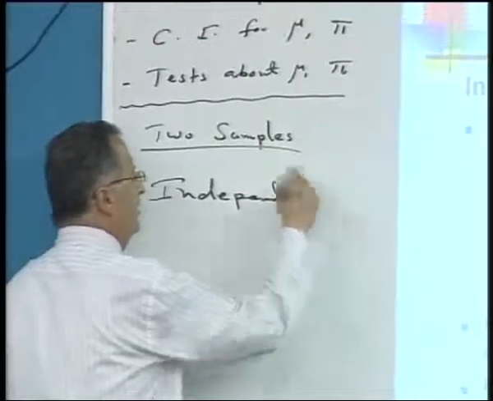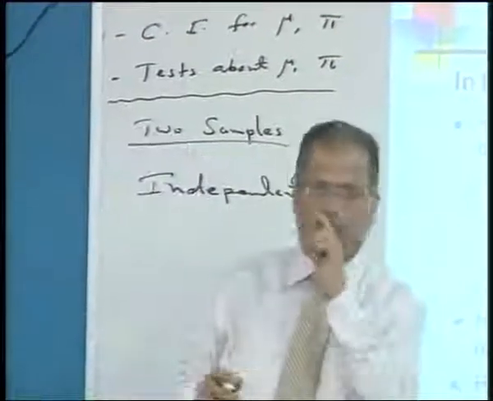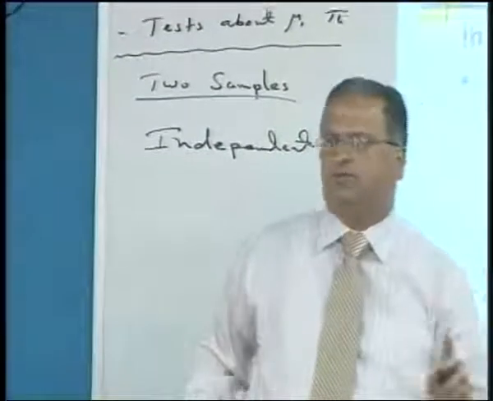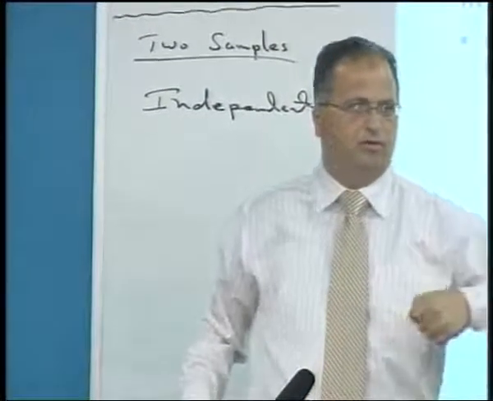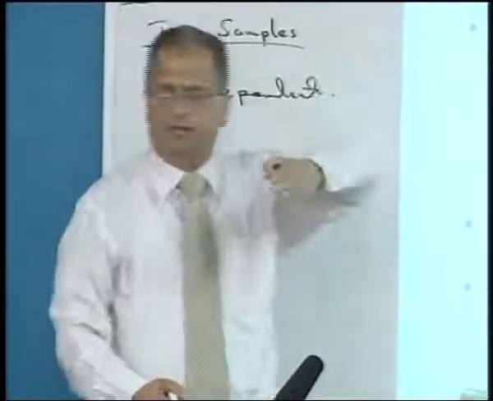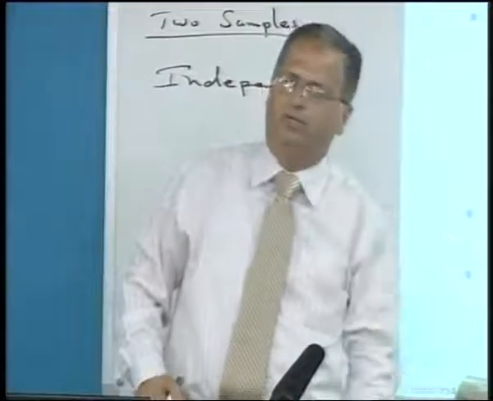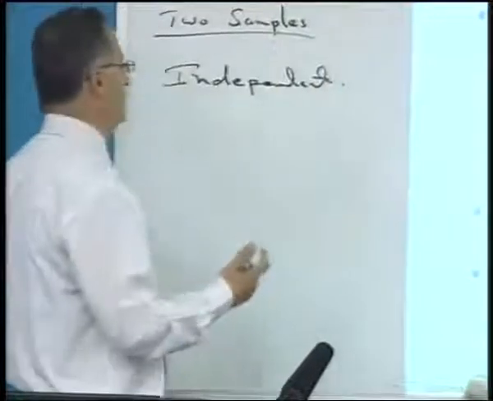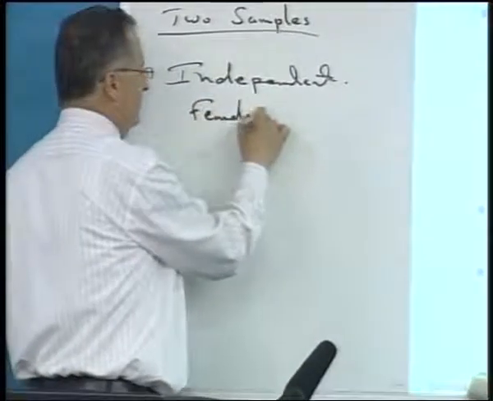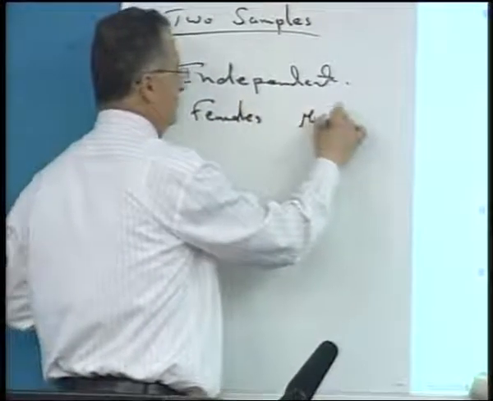Now for independent populations, sample 1 does not affect the results of sample 2. For this reason, we call it an independent sample. For example, suppose, as we mentioned, we have females and males.